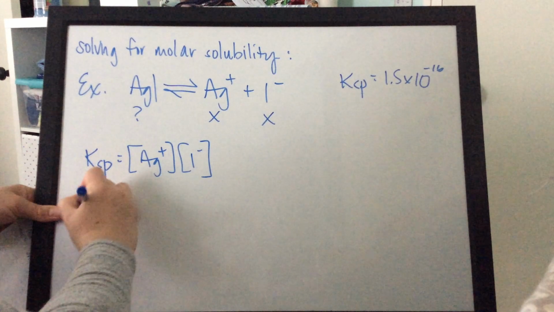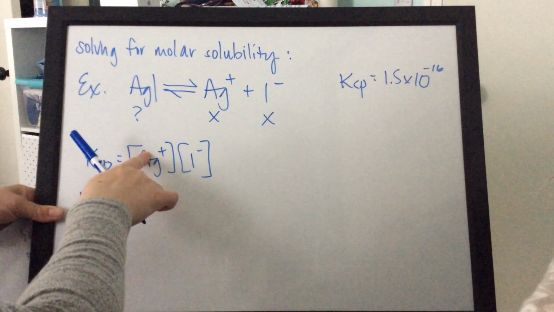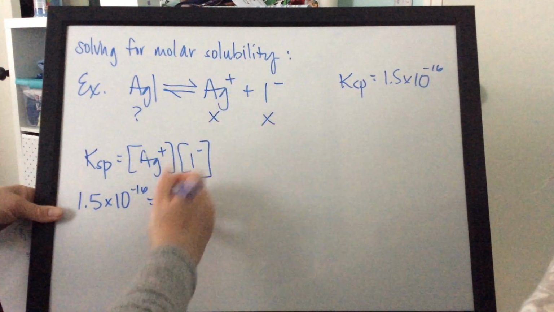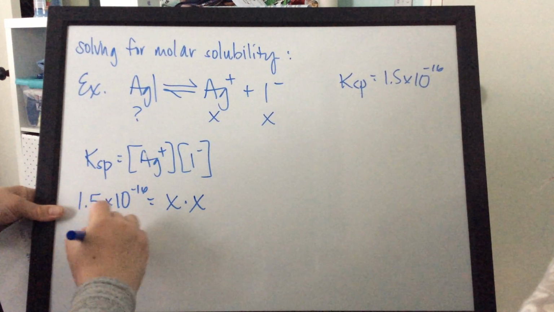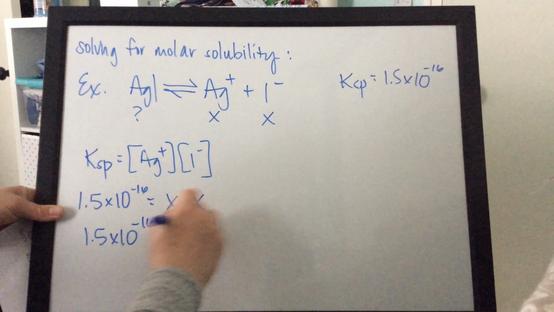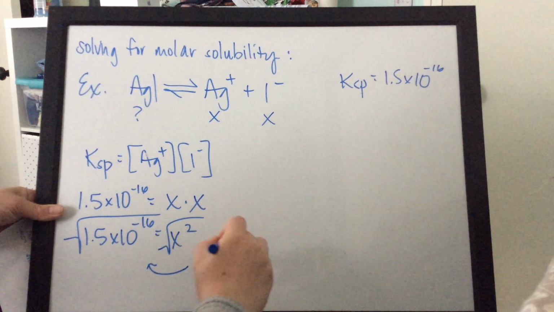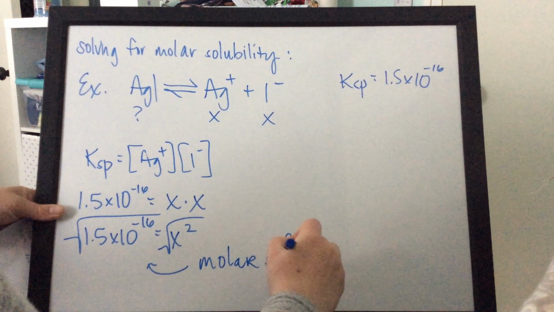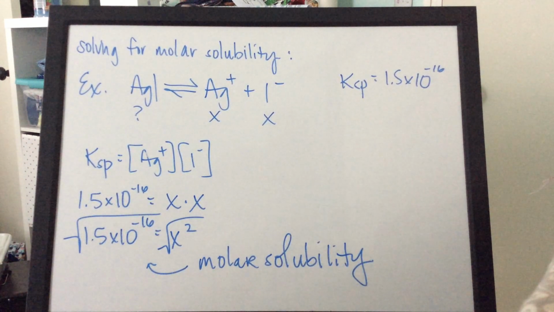I know my Ksp, it's 1.5 times 10 to the negative 16. This is represented by x, so the Ksp is equal to x squared. And so I would just take the square root, and that would give me the molar solubility in each of these cases, because they're all 1-to-1.